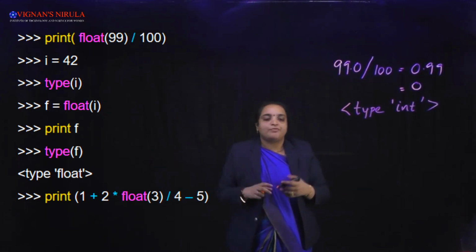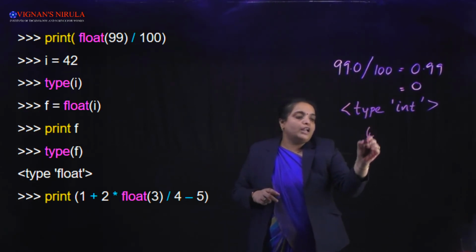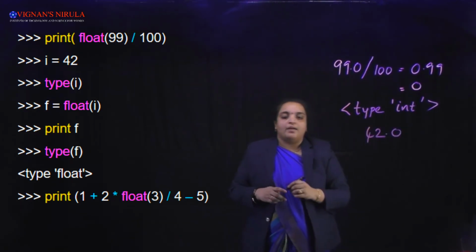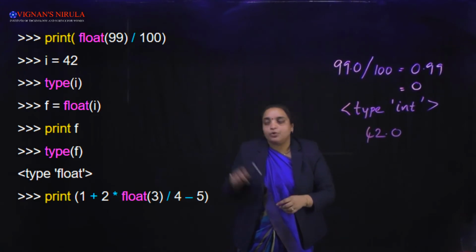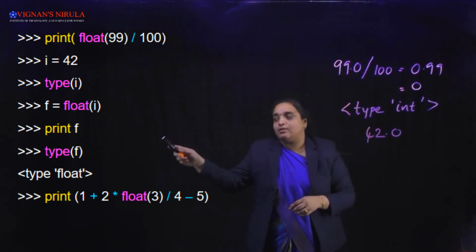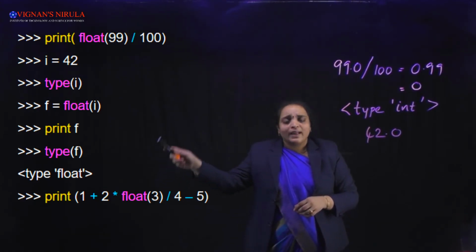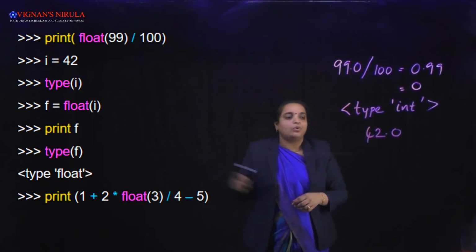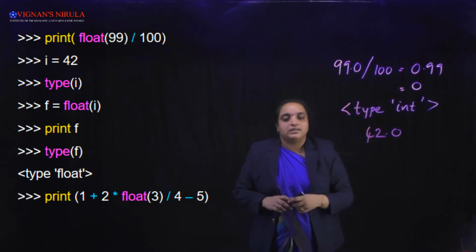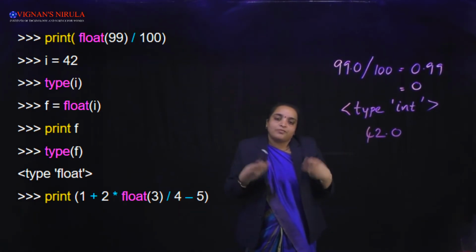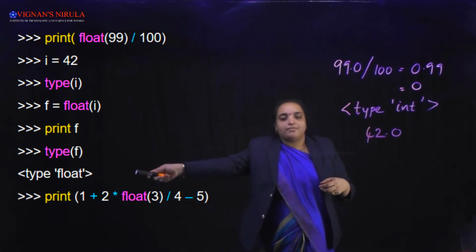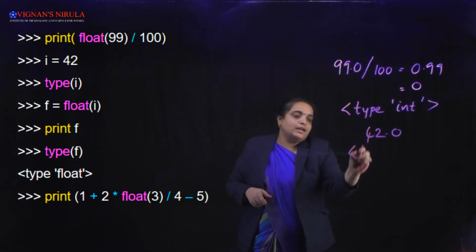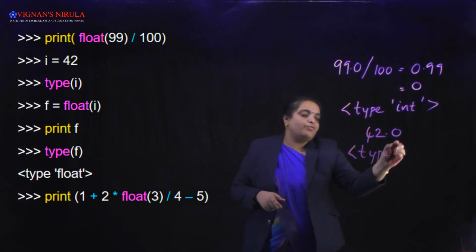If you print f, what will be printed? 42.0 will be printed, because the integer value 42 is converted into the float value, that is 42.0. If you check the type of f, yes, it is of type float.